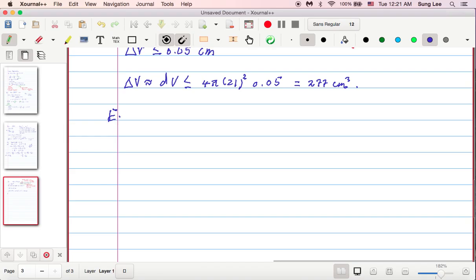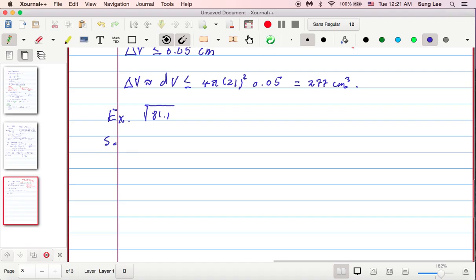Right, so example. We want to calculate the square root of 81.1.